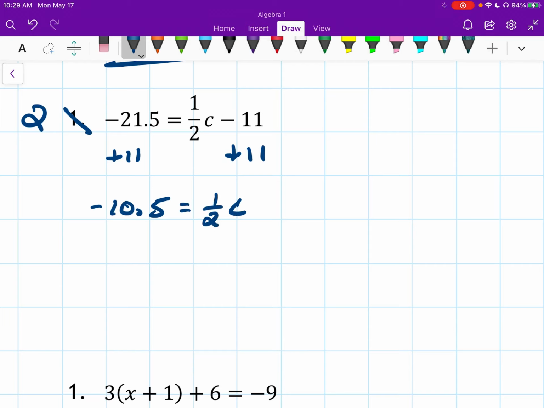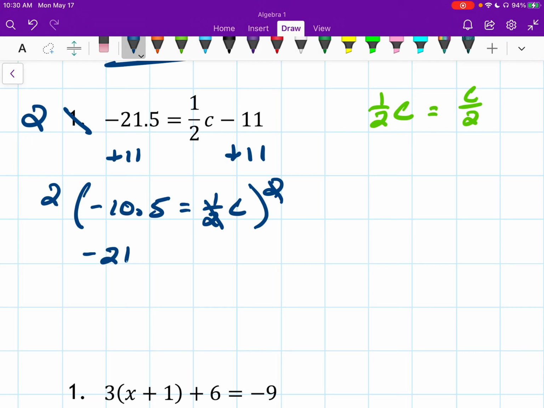Right, and we could write that as 1/2 c, or we could write it as c over 2. Both of those would be correct ways and good ways to write it. To get rid of the 1/2, I'm going to multiply everything by 2. So that cancels the 1/2 out. And then on the left here, what is that? That'll be negative 21. And there we are.